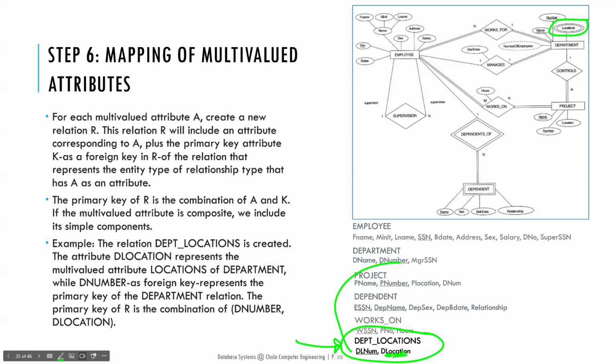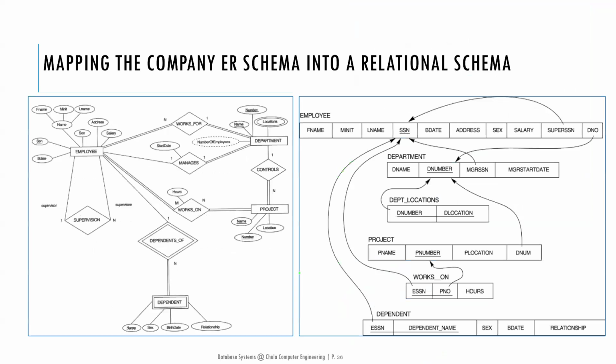So both of them have to be a composite key, otherwise it would not be unique. Okay? All right. So this is after 6 steps, now you have all these.